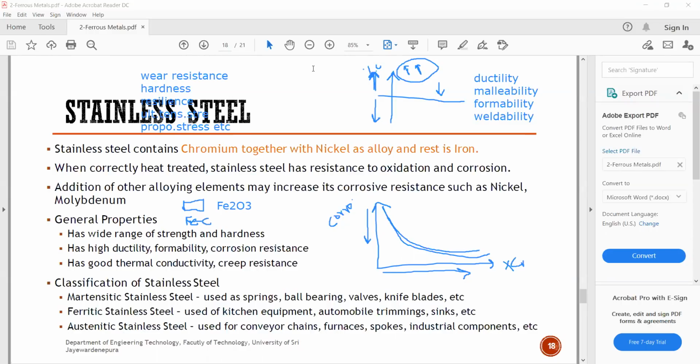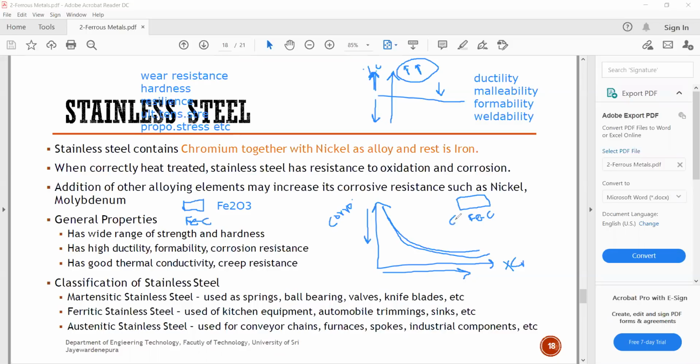On the other hand, see here, you have steel, so iron and carbon are available here, right? Now you are adding chromium to this steel, right?